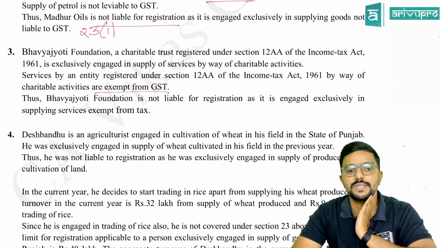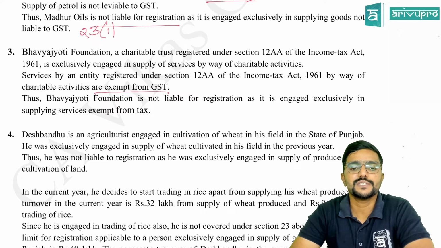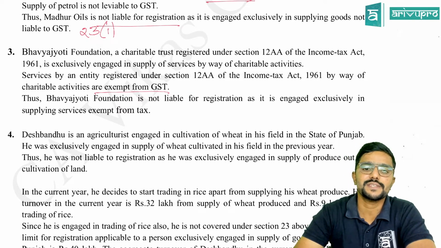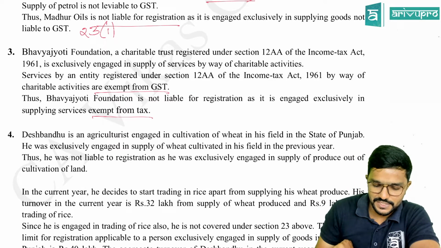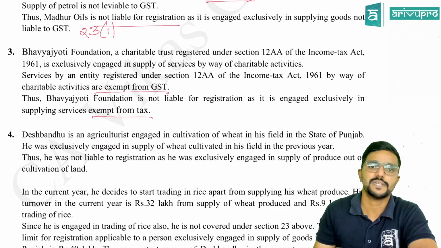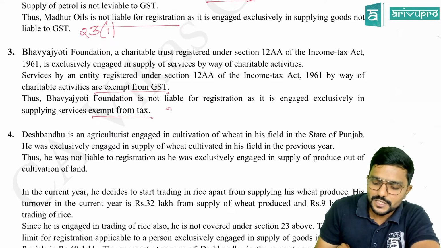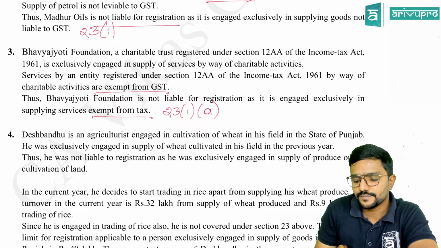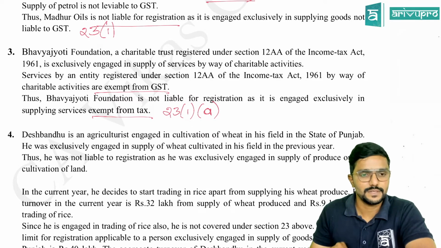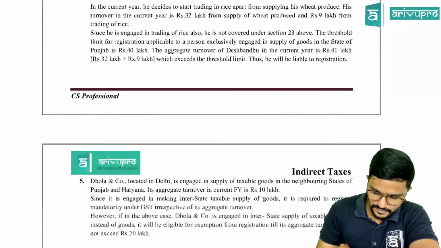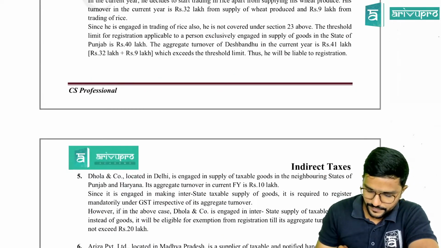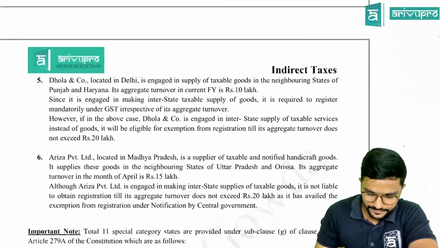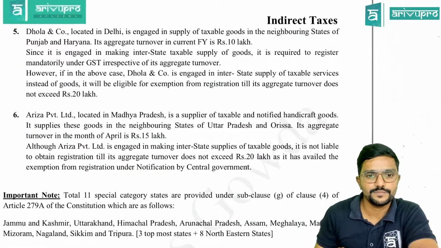No. Thus, Bhavya Jyoti Foundation is not liable for registration as it is engaged exclusively in supplying services exempt from GST. So, as per section 23(1)(a), they should not get registered. Clear? Yes, sir. So this fourth example, I will cover it later. Come to the fifth one.